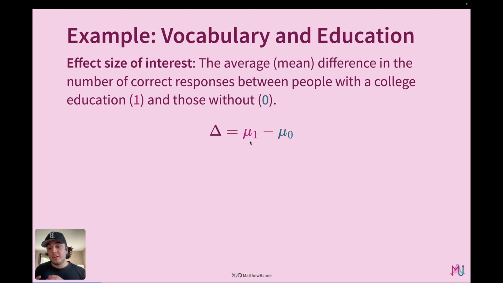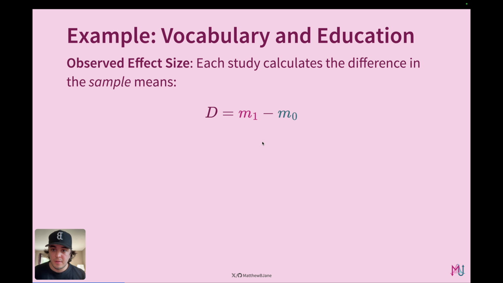So the true mean of group 1 can be denoted by mu sub 1, and the true mean of group 0 is mu sub 0. The difference between those true means is our true effect size of interest, which is the true mean difference. And we'll denote that with the capital delta. So for an observed effect size, each study calculates the difference between sample means.